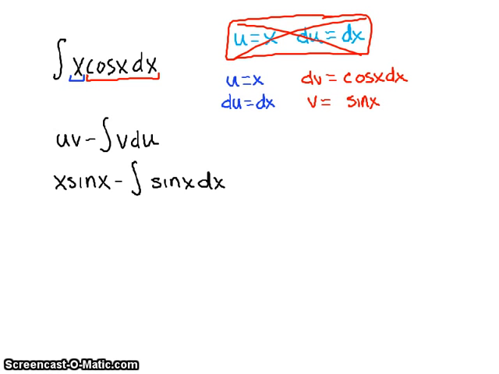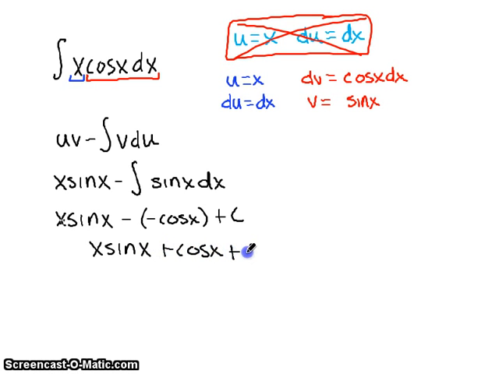The antiderivative of sine is negative cosine plus c, and we clean it up because we have that minus a negative cosine. So the antiderivative of x cosine x is x sine x plus cosine x.